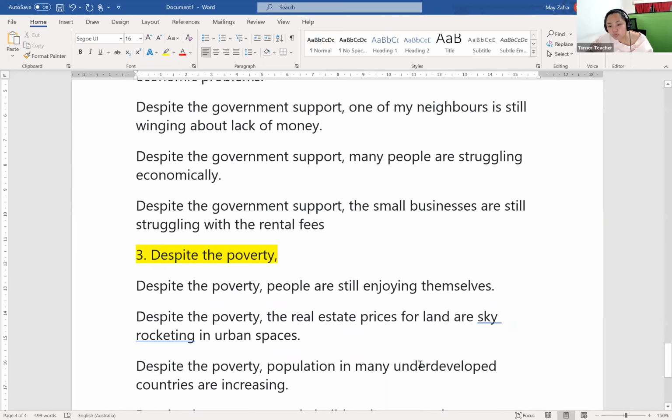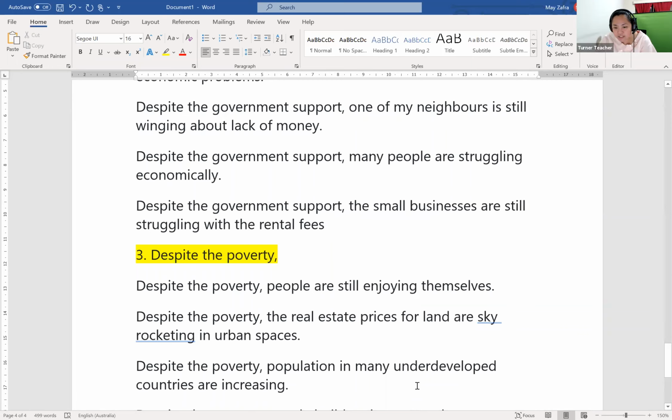And unemployment rate has increased. Present perfect tense, yeah? So has increased with the ED, yeah? Yes. Remember, if there is a has or have, the second word should be past participle. Okay, yeah, sure.